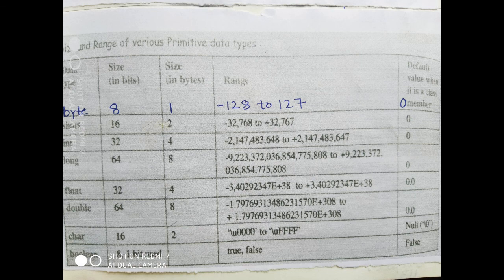In this chart we can see the different data types with their sizes, default values and ranges. In the last, boolean has a size of 1 bit, its range is either true or false, and its default value is false.